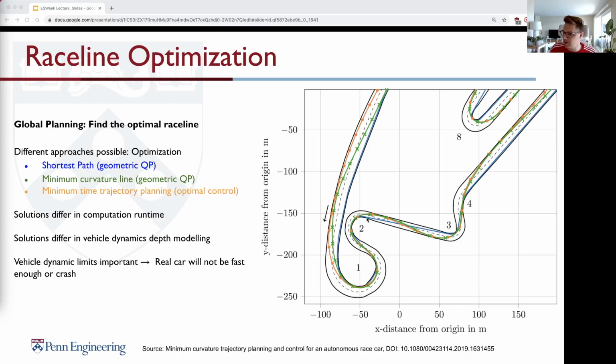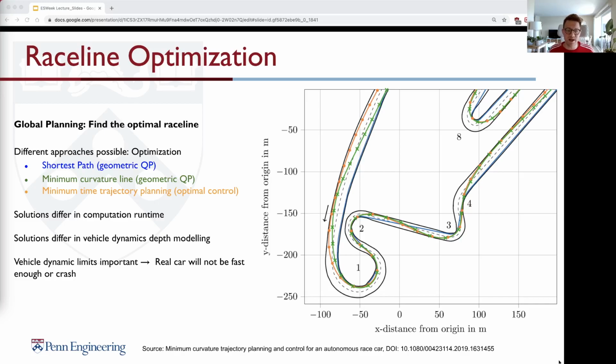And for example, here from turn 2 to turn 3, it's going straight over this area because it's trying to minimize its path. So the shortest path is a good option because it's the shortest way you need to travel.